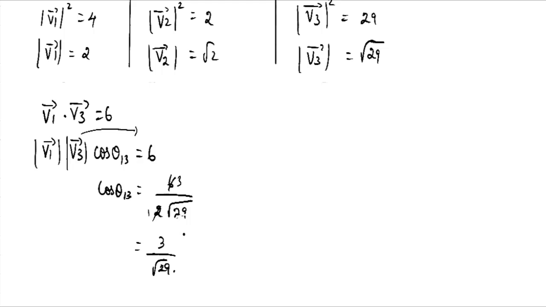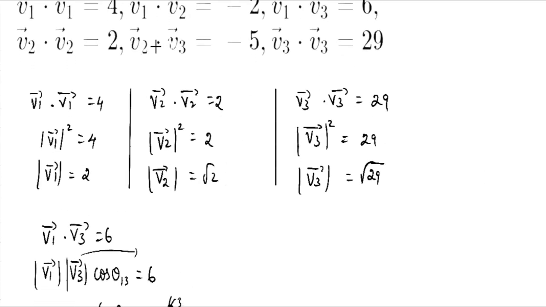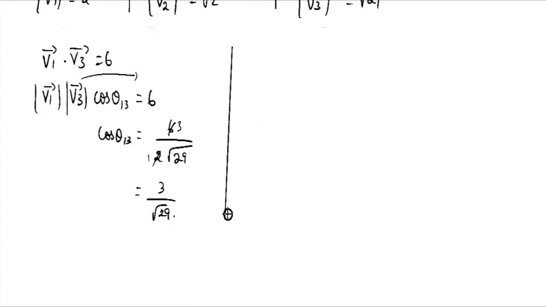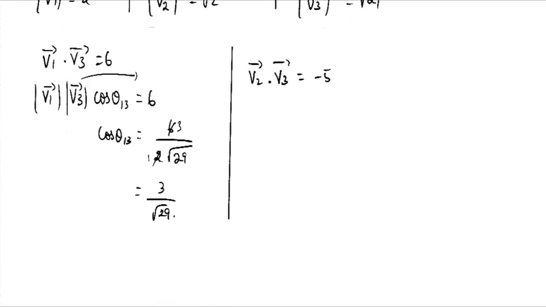Okay students, now I'm going to find the angle between v2 and v3. v2·v3 equals minus 5.